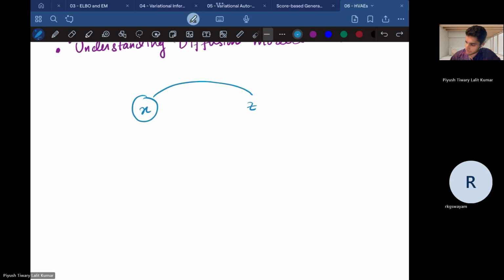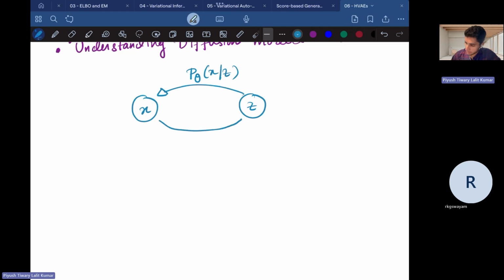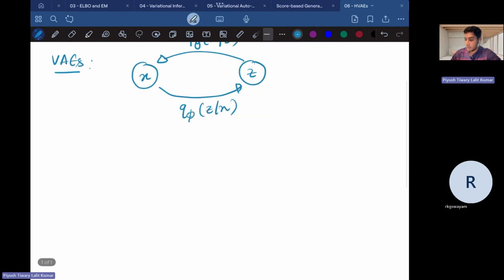This is the generative view, which takes Z and gives you X, and then there is an inference view which takes X and gives you Z. This is how VAEs look.